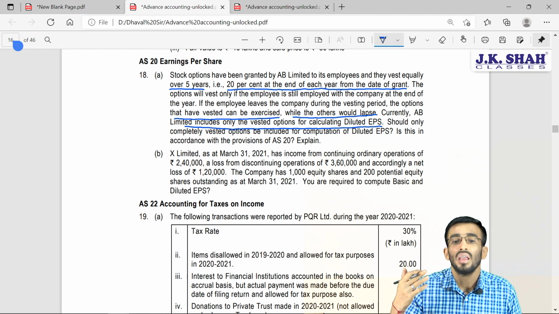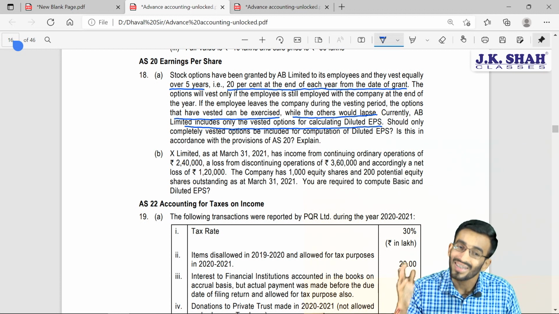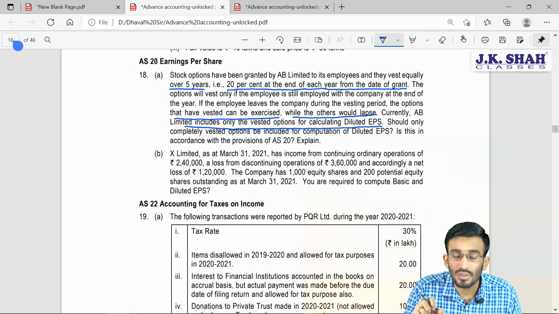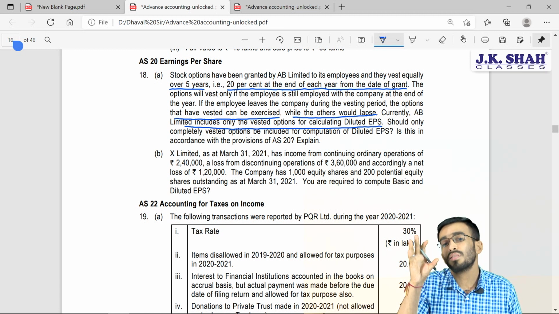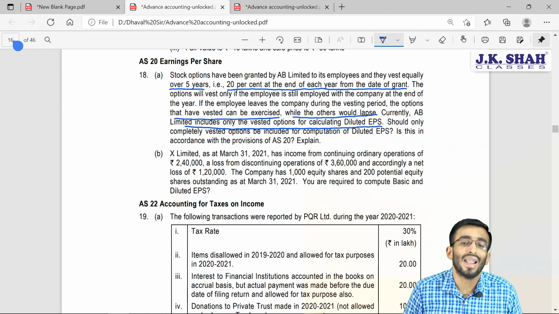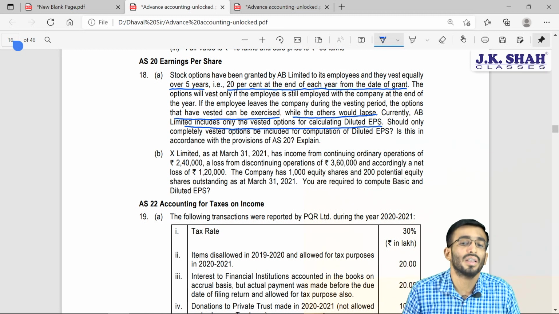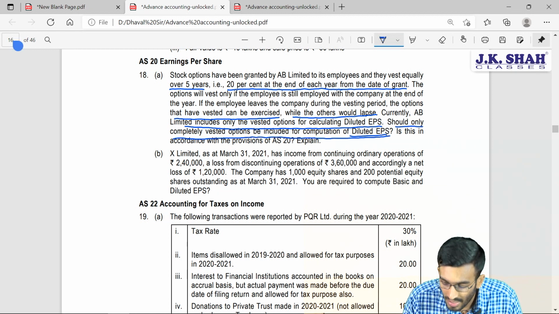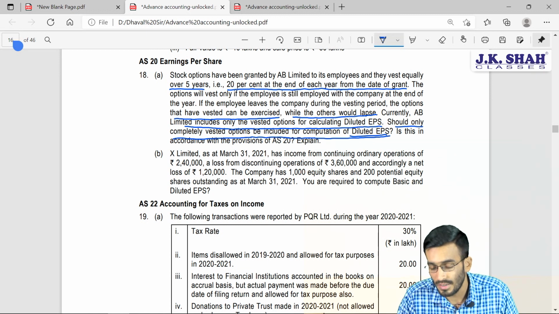So definitely in that case, those options are still to be considered as potential equity shares, and we have to consider all stock options which are not yet vested into the category of potential equity shares while calculating diluted EPS. Should only completely vested options be included for computation of diluted EPS? The answer is no, as I said.